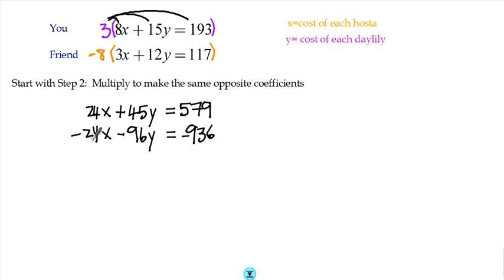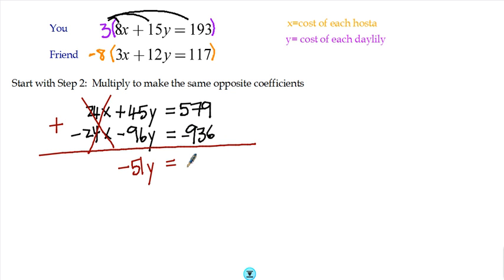Good. So now we can move on to step 3, which is to add, to eliminate. So we're doing step 3 by adding 24 plus negative 24, x's cancel out. So 45 plus negative 96 will give us negative 51y equals 579 plus negative 936 will be negative 357.